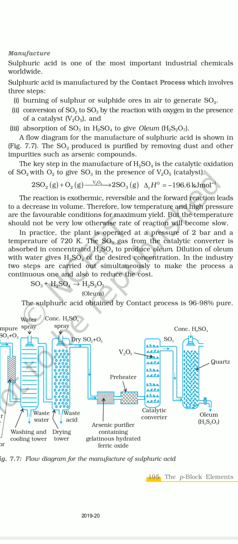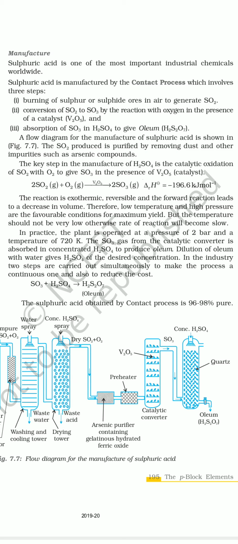Now the sulfur dioxide which is used is purified first by removing the dust particles, and other impurities like arsenic compounds are present which have to be removed. So purification also is done. Now the third step is, after the formation of sulfur trioxide, the absorption of sulfur trioxide in sulfuric acid to give oleum.